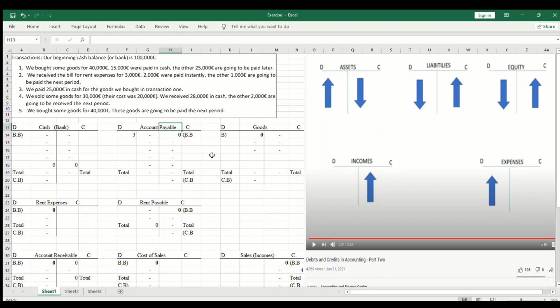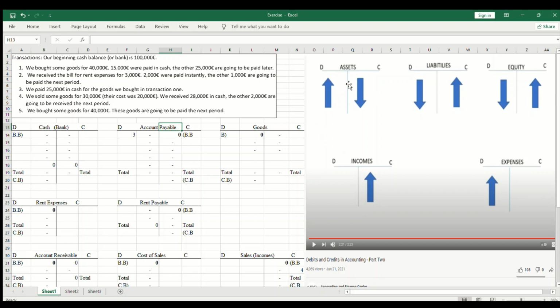Okay, now let us exercise T accounts with some basic transactions. Before we start with the transactions and the beginning cash balance, which is 100,000 euros, let us briefly repeat the rules of debits and credits, which are on the right side of this example.